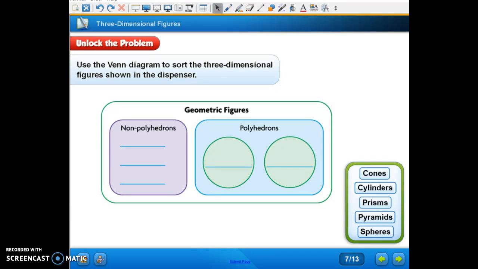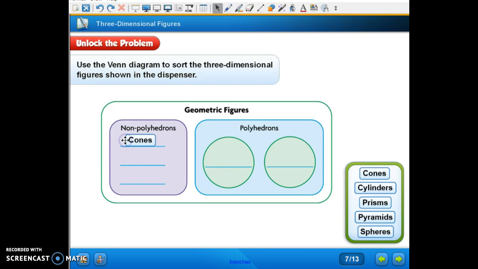It says use the Venn diagram to sort the three-dimensional figures shown in the dispenser. All right. We have geometric figures. We have non-polyhedrons and polyhedrons. What goes in the non-polyhedrons? What's one of them, Camry? A cone.